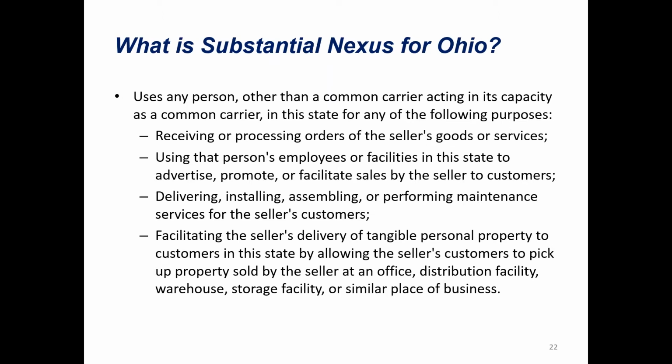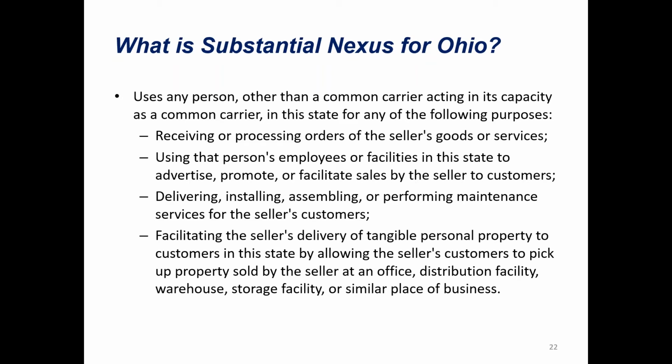The next one is the use of someone, again, other than a common carrier, who is doing any of these activities. If they're receiving or processing your orders, or using that person's employees and facilities in the state to advertise or promote your business, those could also give you substantial nexus. The same goes for delivering, installing, assembling, or performing maintenance services in connection with that customer.